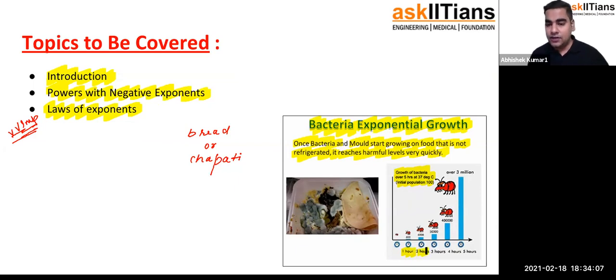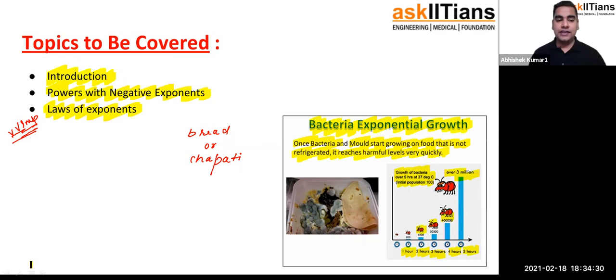After 2 hours they reached 6,000, after 3 hours they reached 50,000, and after 4 hours the value became very large, and after 5 hours you can see over 3 million. This increase in the number of bacteria is called the exponential increase in number. Are you getting this?